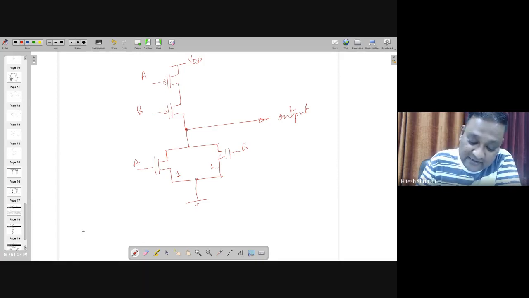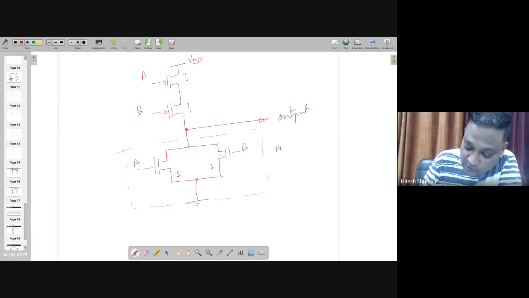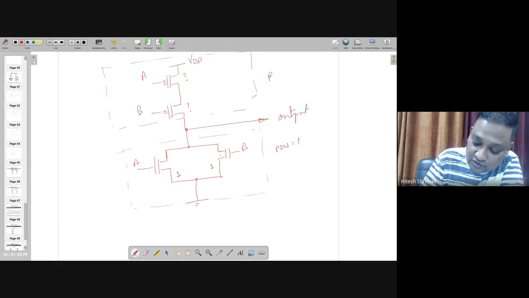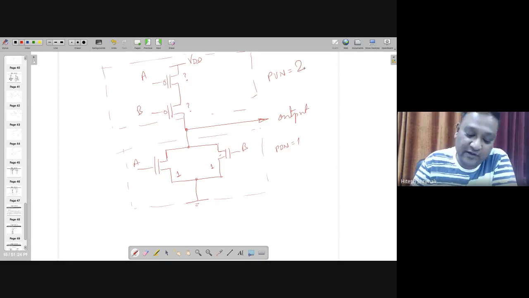So in that case, what value of transistors do I need to keep here? Look at this. The pull-down network is 1, 1. I'm expecting to have the pull-up network 2, 2. So what value of W by L do I need to keep here, if I am considering that these are 1, 1? Any answer?